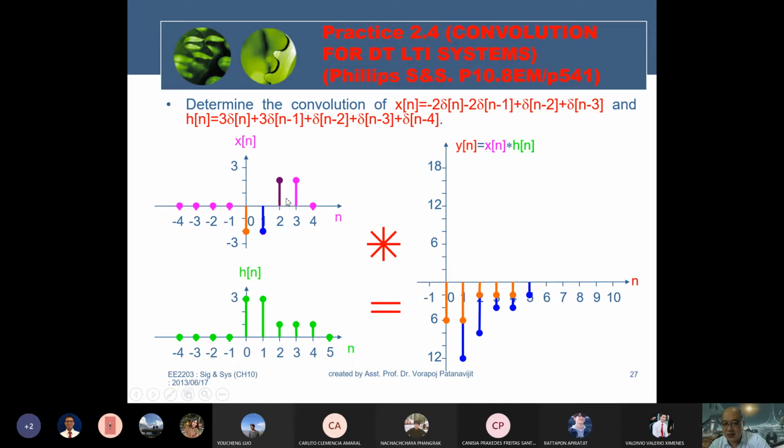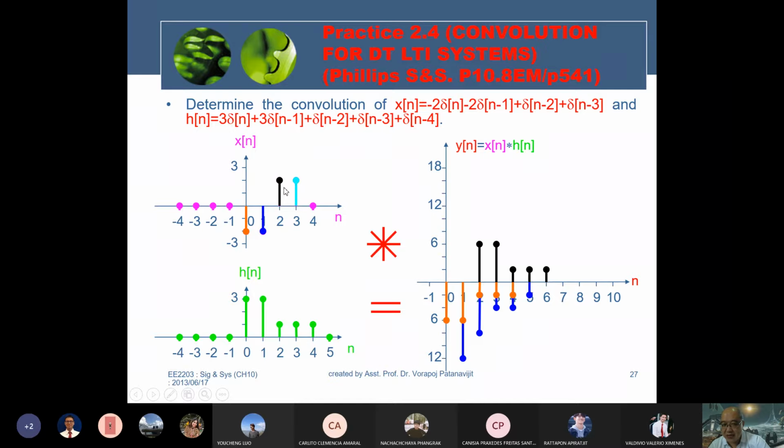The next one, the black one: 2 multiplied by 3 gives you 6, and gives you 6 here and here, and so on. The last one, the right blue, is the result.